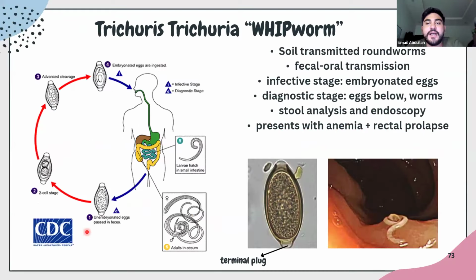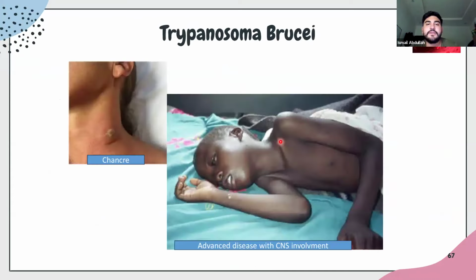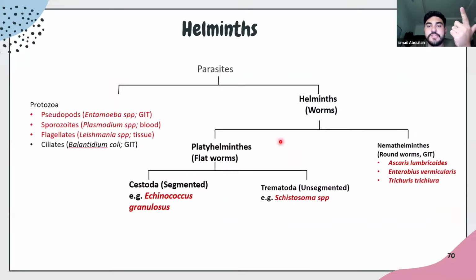In Trichuris, you're going to see this egg. They didn't give us more details, for example, if they had rectal prolapse or whatsoever. But they clearly told us there is anemia and a stool sample.